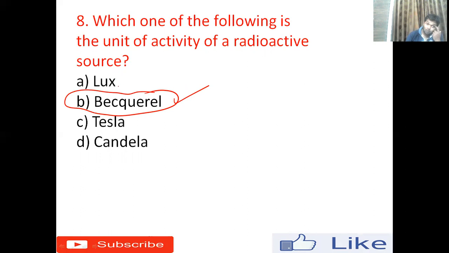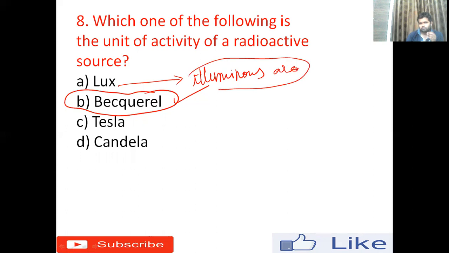How about lux? Option A is basically considered a unit of illuminance. For any source of light, how much light it will produce and how much light will fall on a particular area can be measured with the help of lux.